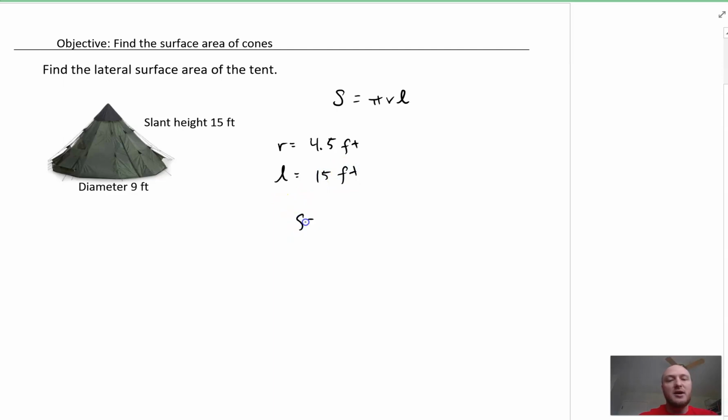So I know that the lateral area is pi RL. So pi times 4.5 feet times 15 feet is equal to 67.5 times pi square feet.